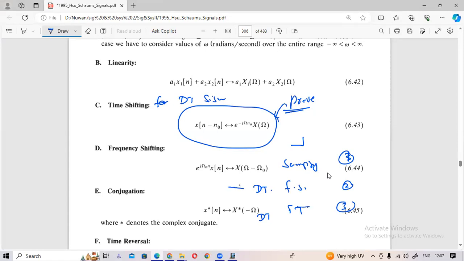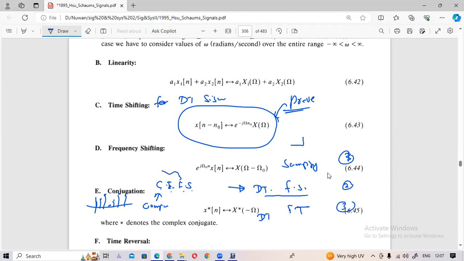So you should be able to find the discrete time Fourier series, the complex exponential Fourier series. If I give you that kind of composite signal or repeated sequence, you should be able to evaluate the complex exponential Fourier series.